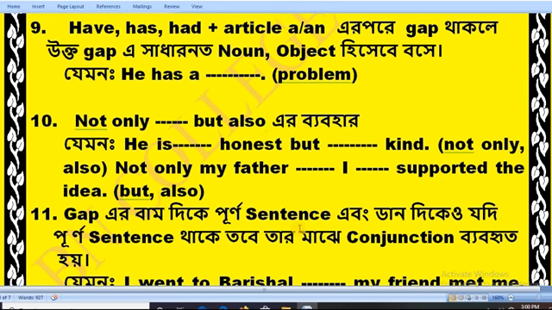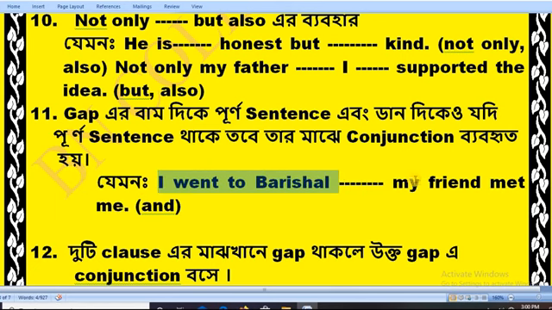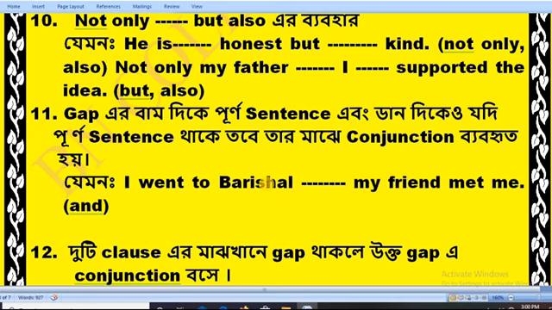Now I'm going to rule 11, right? If you see before the gap there is a clause, a principal clause, and after the gap there is another clause, that is, there are two clauses, one before the gap and another after the gap, in that case, you must use a conjunction here.